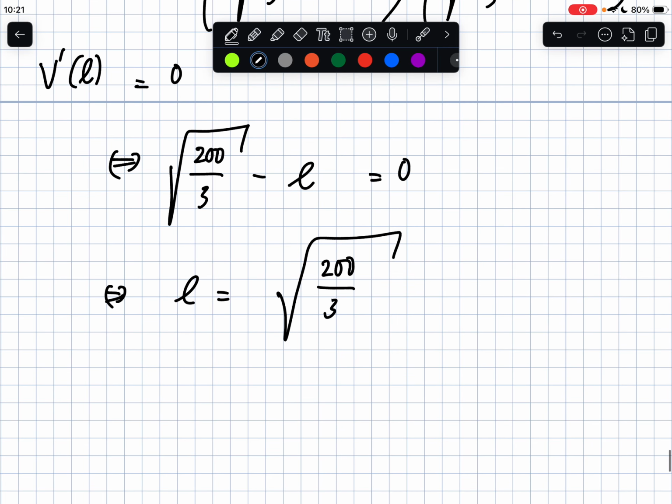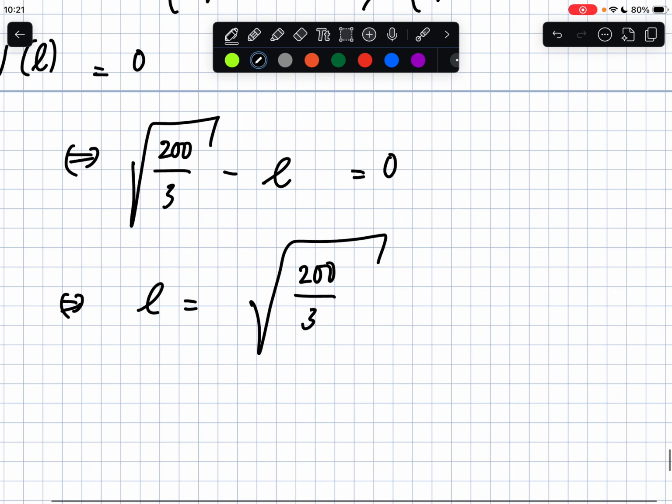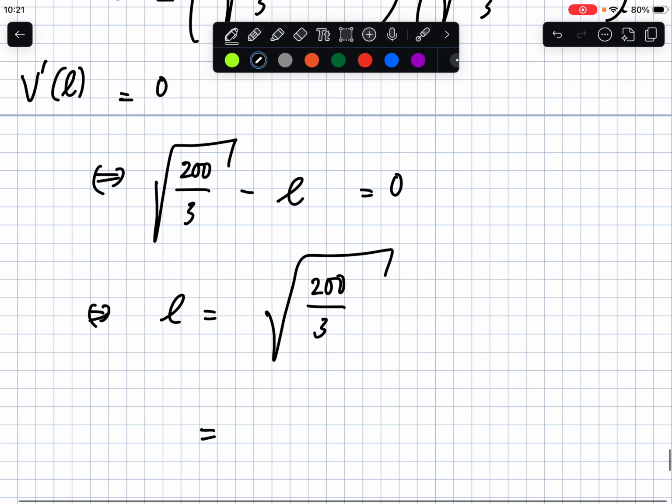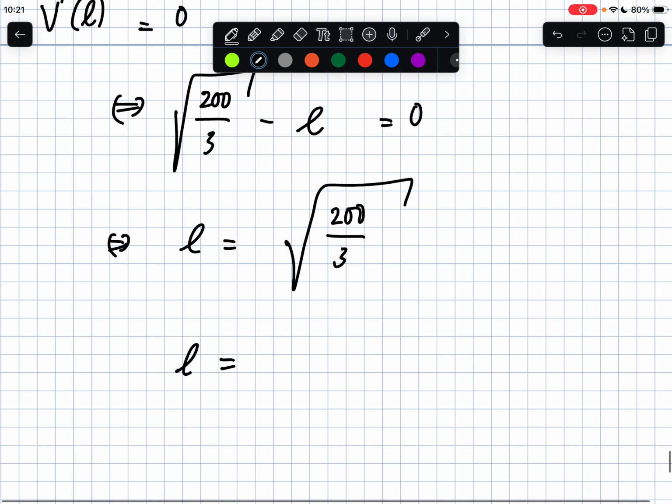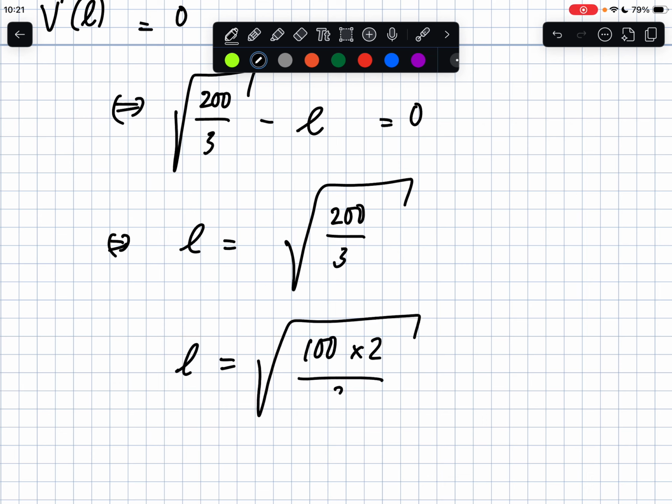We can bring that 100 out, so 10 times square root of 2 over 3. I will do this later. For now, just keep length like this.